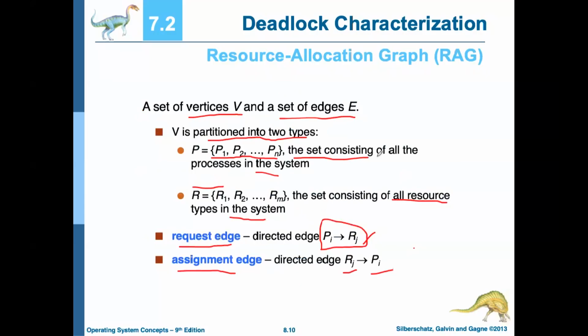So, before I forget something, the resource allocation graph is representing the methodology, the algorithm, how we want to develop the algorithm to represent this. So we use this graph, the resource allocation graph.